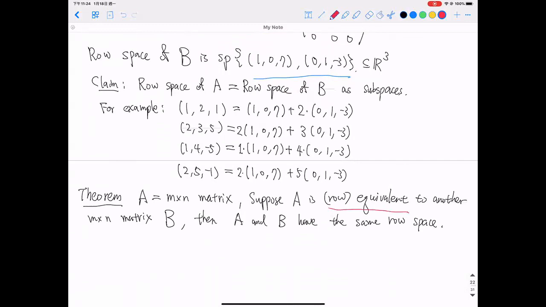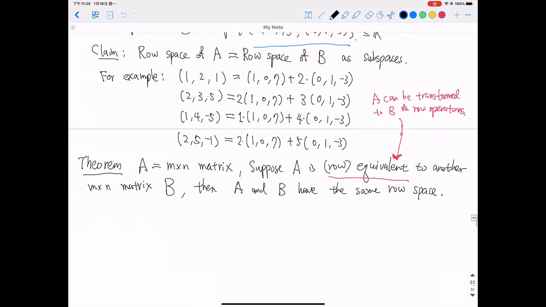Being row equivalent here just means that A can be transformed to B via row operations.